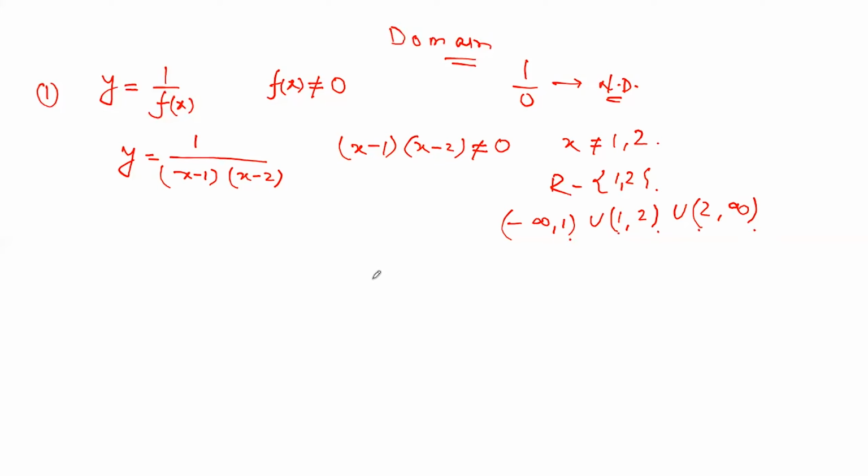Now the second part of the domain: if the function is given as y is equal to under root of f(x), or f(x) to the power 1 by 2n, then this must not be real if f(x) is negative.